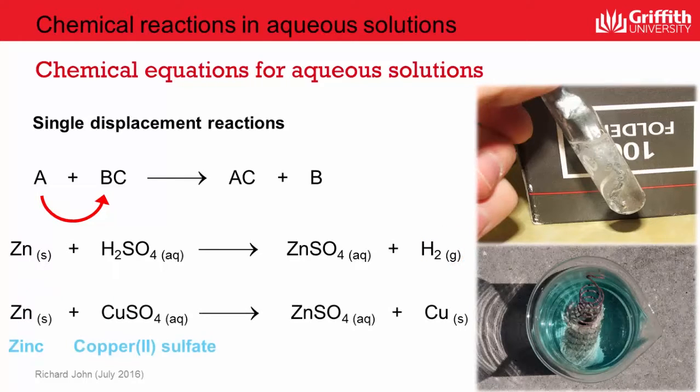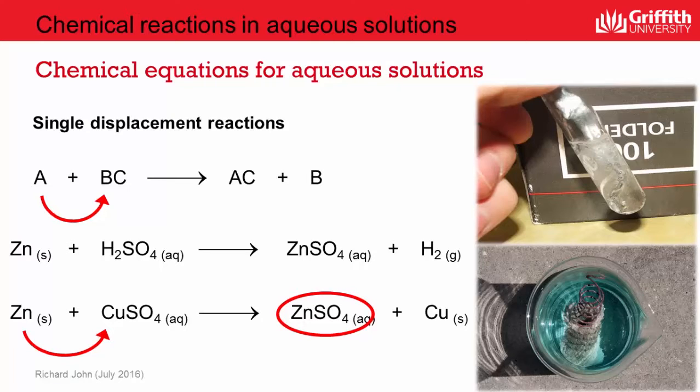Another example here, we've got zinc metal again, this time in a copper sulfate solution, and it's producing the zinc sulfate salt plus elemental or metallic copper. What happens here is zinc is effectively displacing copper from the copper sulfate salt solution, and we form zinc sulfate, which is aqueous.